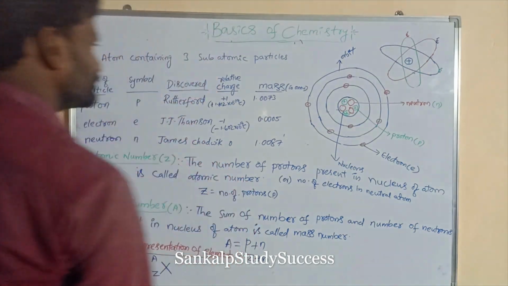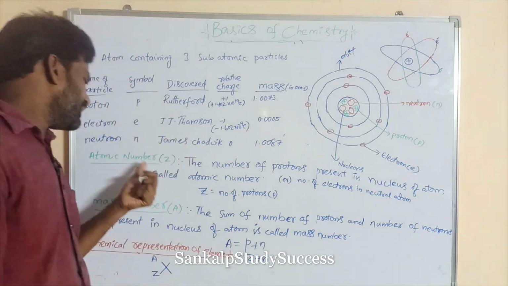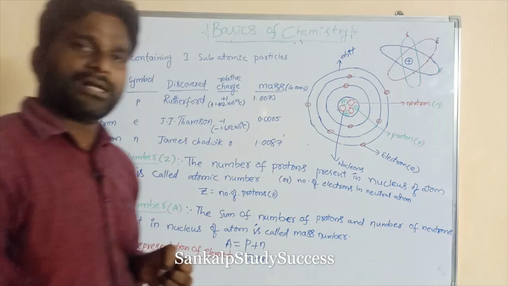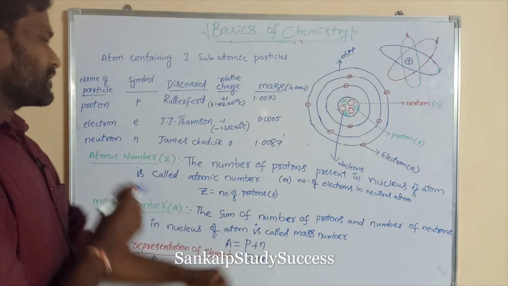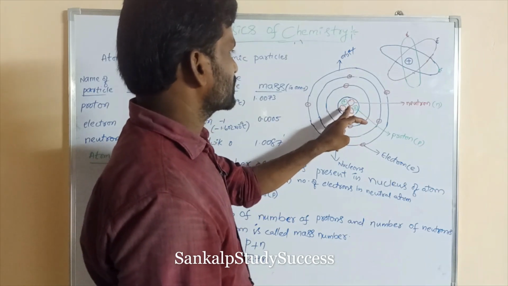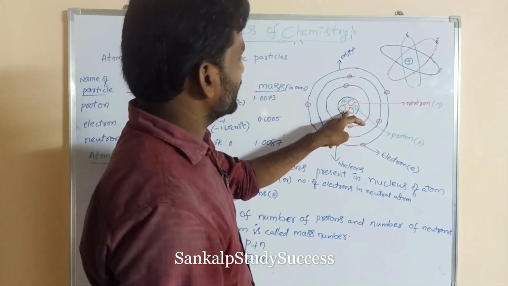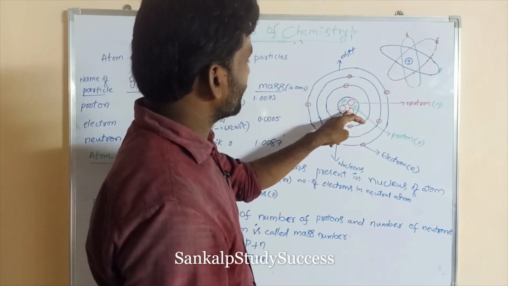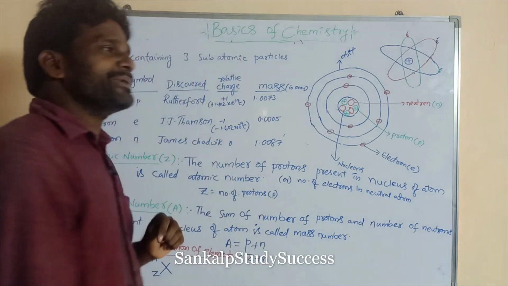Next, atomic number. Atomic number is represented by Z. So what is the atomic number? Protons are present in the nucleus. Here, how many protons are there? 1, 2, 3. The number of protons present in the nucleus of an atom is called the atomic number.